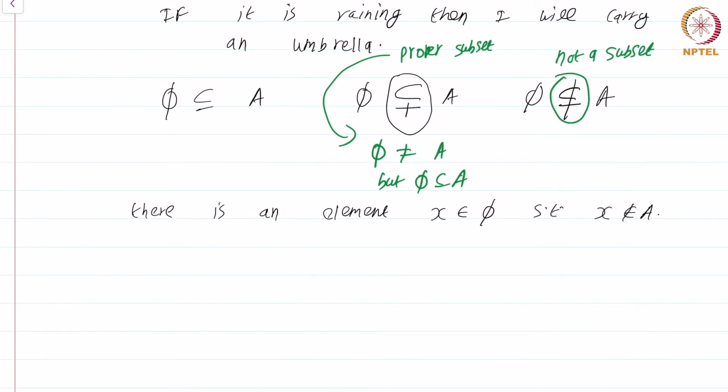The empty set is by definition a set that has no elements. So the statement phi is a subset of A is vacuously true. That means it's an implication where the antecedent is false. So phi is a subset of A.